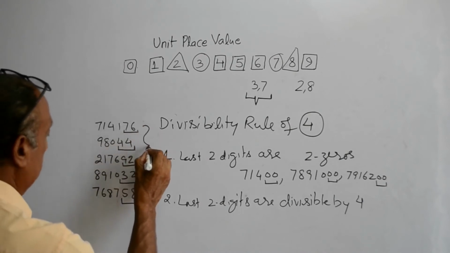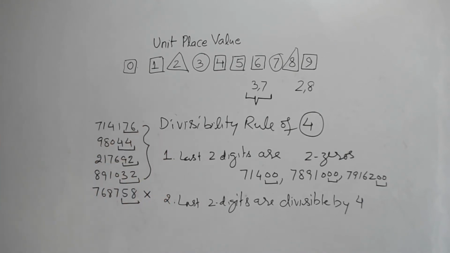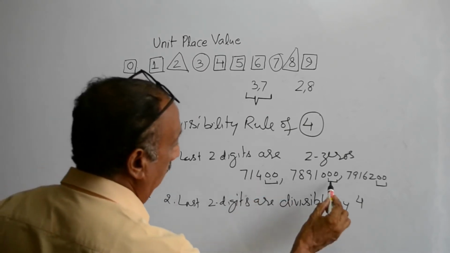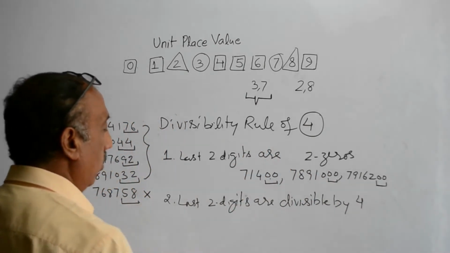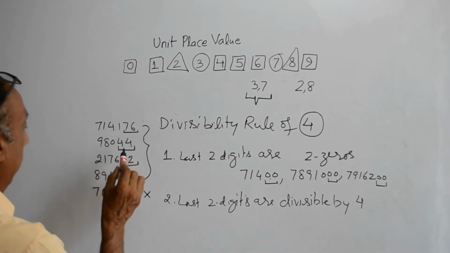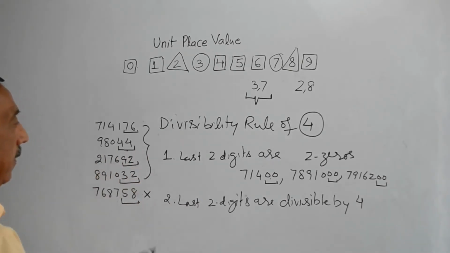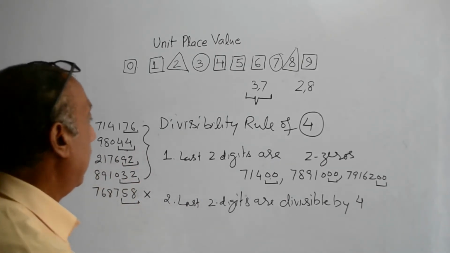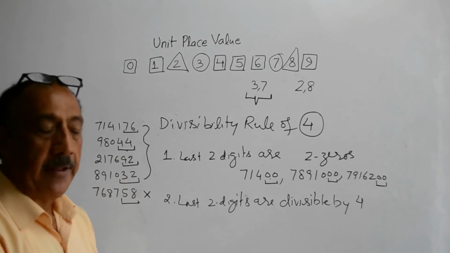So these 4 numbers are divisible by 4. Repeating, if the last two digits of a number are two zeros, or if the last two digits of a number are divisible by 4, then that number is divisible by 4.